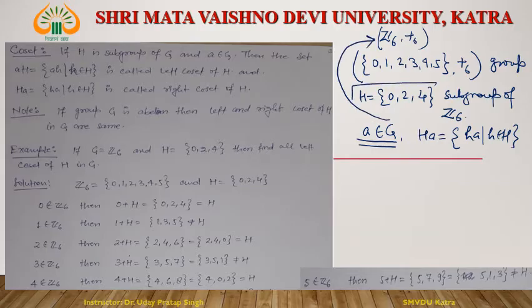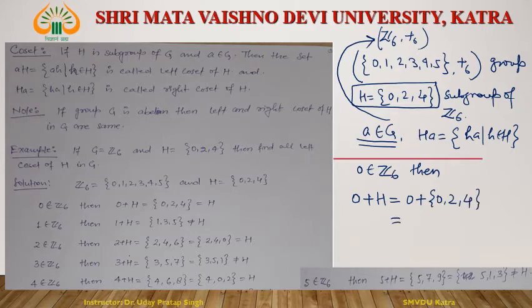What is H? H is {0, 2, 4}. Then let us consider any element of Z6. Let 0 belong to Z6. Then 0 plus H is equal to 0 plus {0, 2, 4}. This can be written as 0 plus 0, 0 plus 2 and 0 plus 4. What is {0, 2, 4}? This is nothing but H.